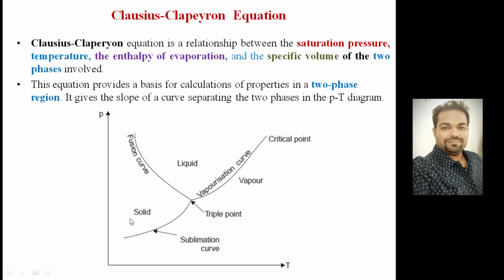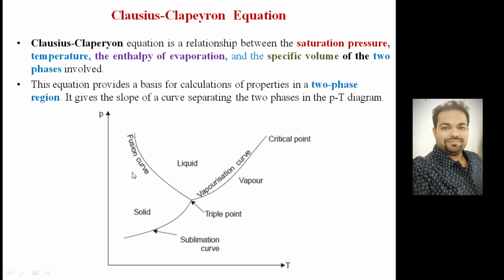See, this zone is completely vapor. So the phase change process along this line is called sublimation. And if you are going from solid to liquid, there is fusion. And if you are going from liquid to vapor, that is called vaporization. All these three curves will meet at a single point, that is called triple point. Triple point is a temperature at which all the three phases coexist in equilibrium.